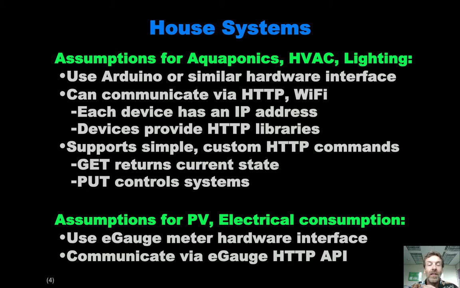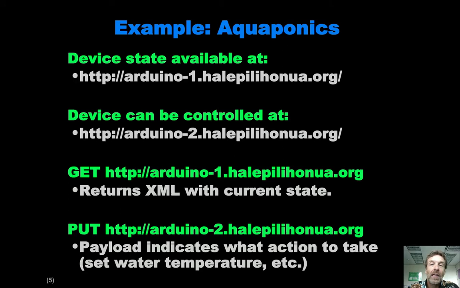For the electrical stuff like generation and consumption, we're going to be assuming that we're using the e-gauge meters, and that they have their own HTTP API protocol, and we'll simply use that. So, for example, for the aquaponics system, in the current system implementation, what we're assuming is that there's actually two devices.